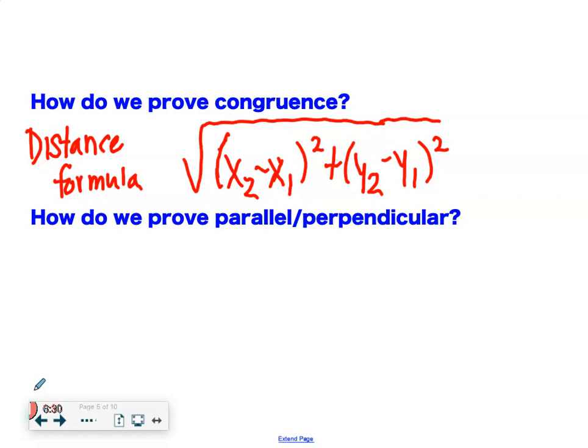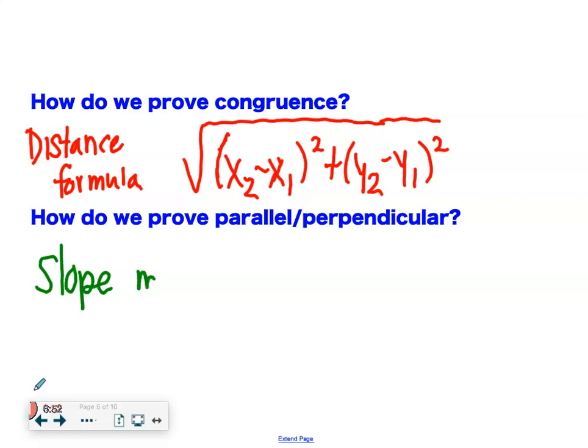How would you show parallel and perpendicular? What do you need to know? Something that starts with an S. Slope. Right? Slopes of lines will be parallel or perpendicular.